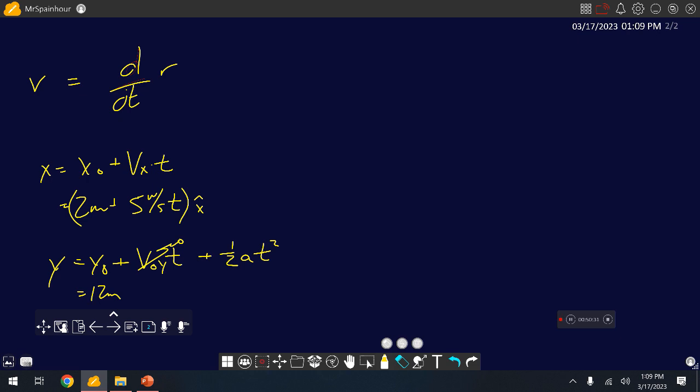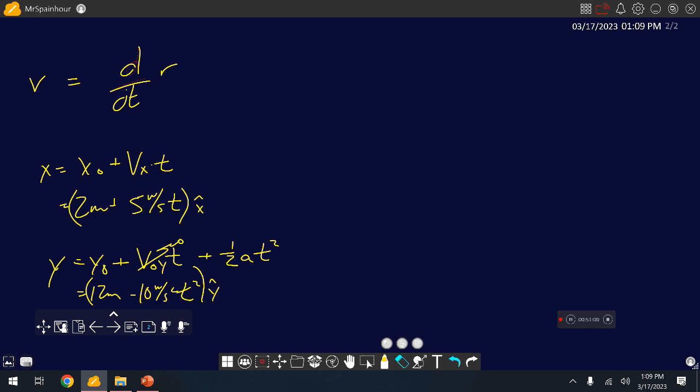And then acceleration is, let's use another planet other than ours, just so that I can make some numbers nice here. Instead of negative g, we'll say we're on a planet that has an acceleration of 20 meters per second squared down. So 1/2 of that would be negative 10 t squared, and all that would be y hat.